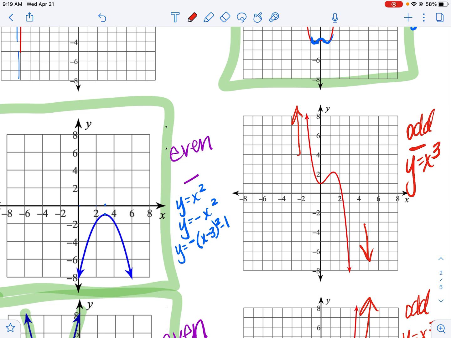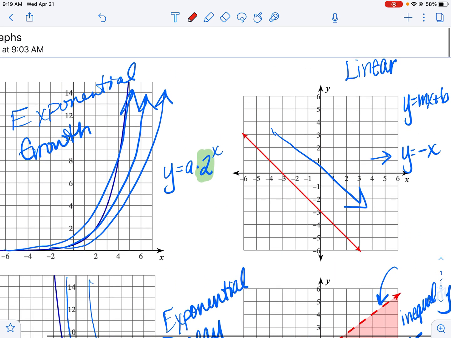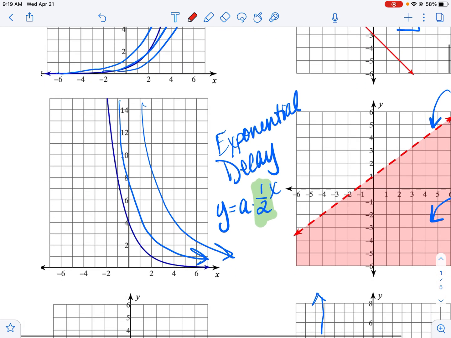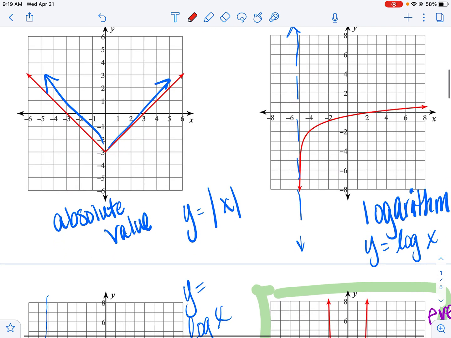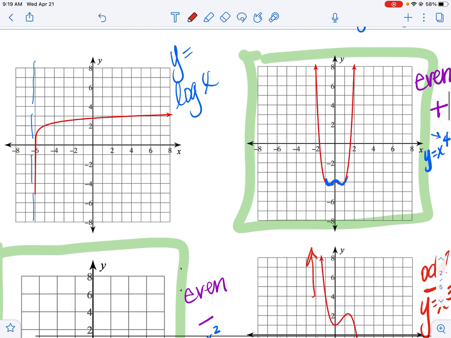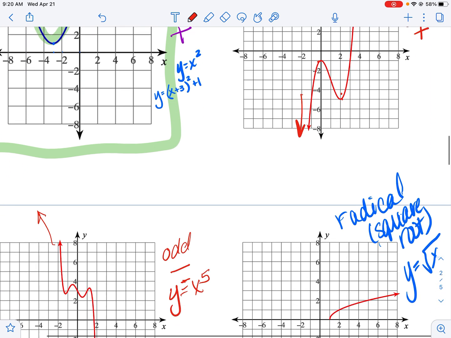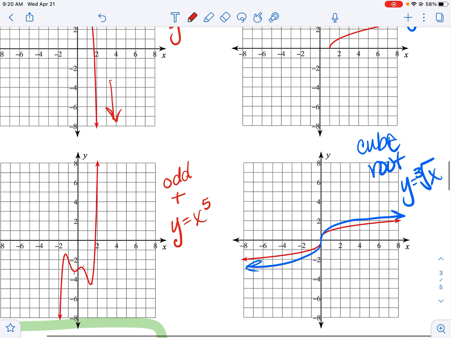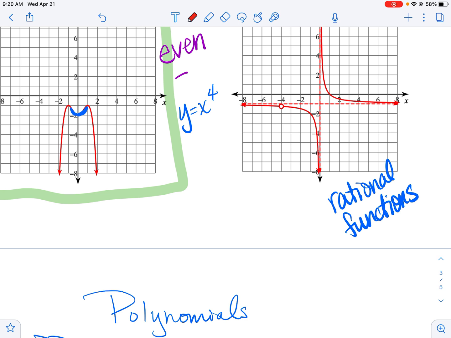So remember, for all parent functions, you need to have these memorized: exponential, linear, inequality, decay, absolute value. We've just added logarithm. Polynomials, radicals, and I just added rational functions.